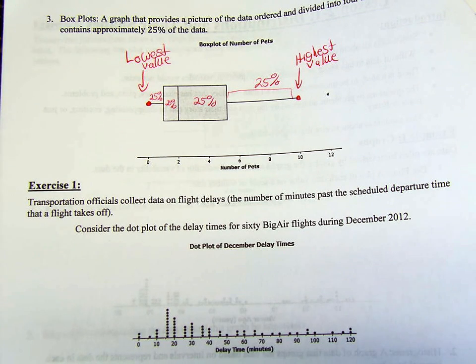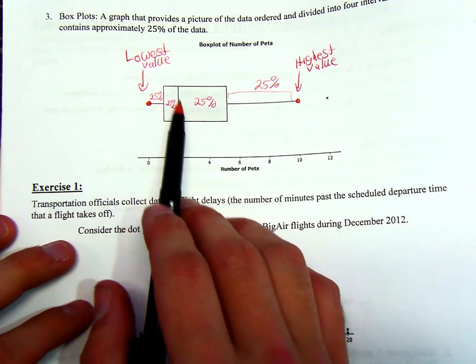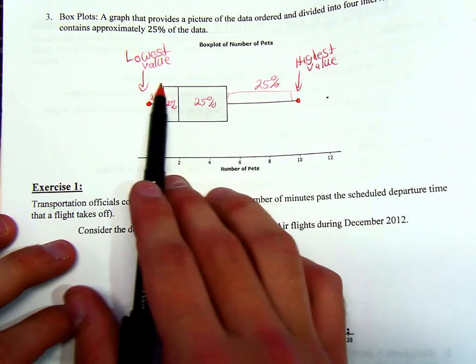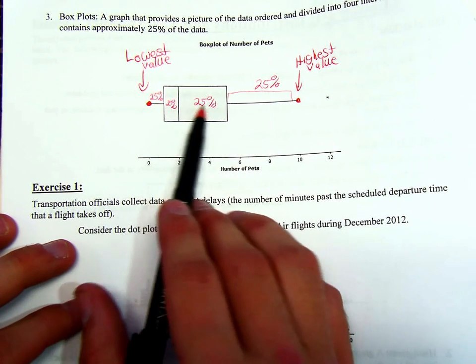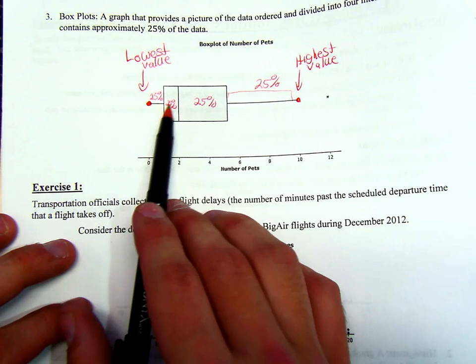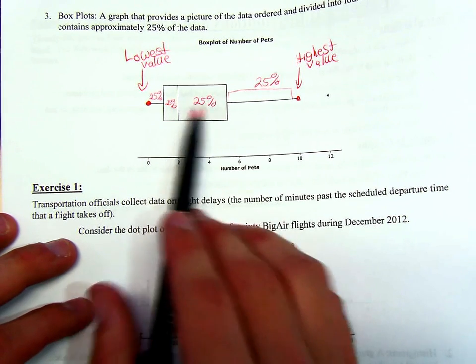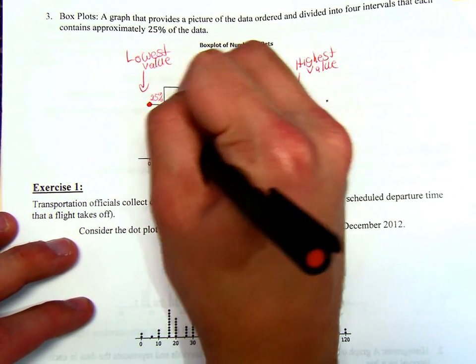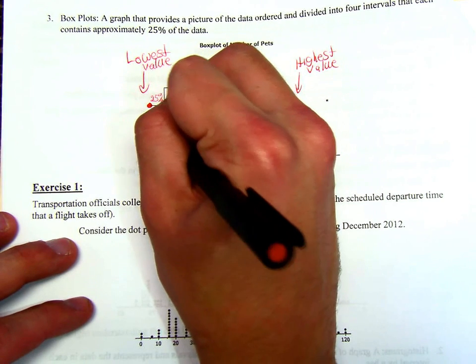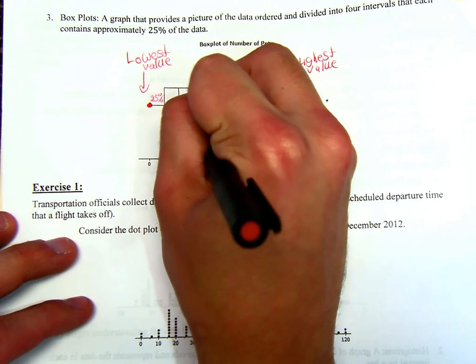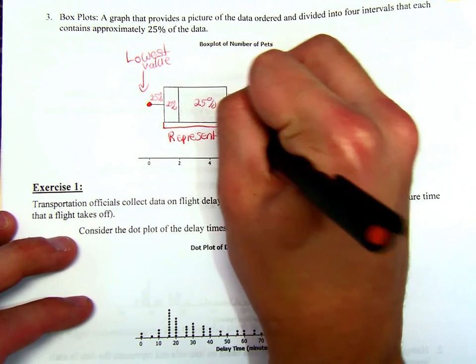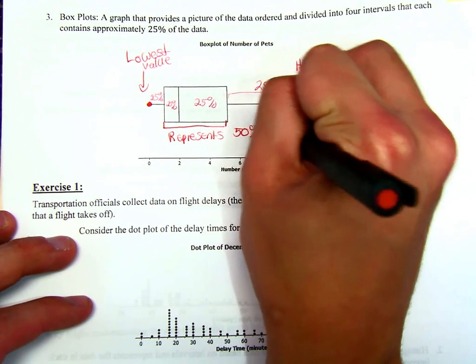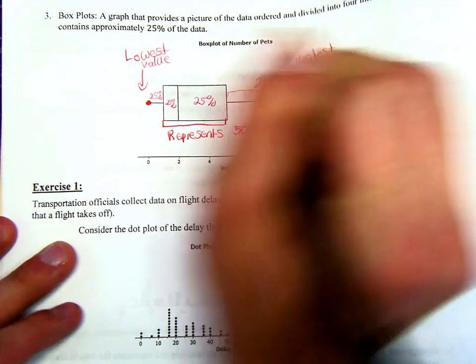Okay? So looking at this, we can see that this box in your box plot will always represent 50% of your data, because 25 plus 25 is 50. Okay? So this whole section right here, for your box, will always represent 50% of your data.